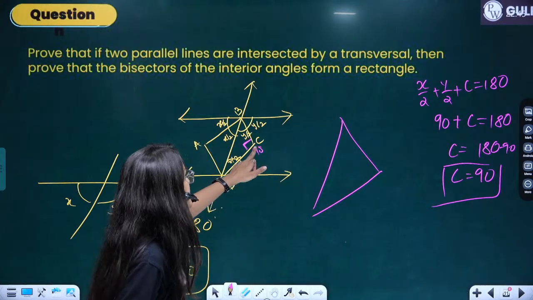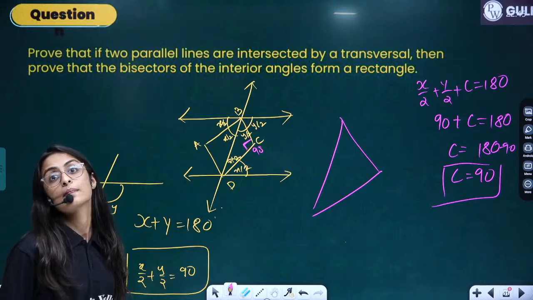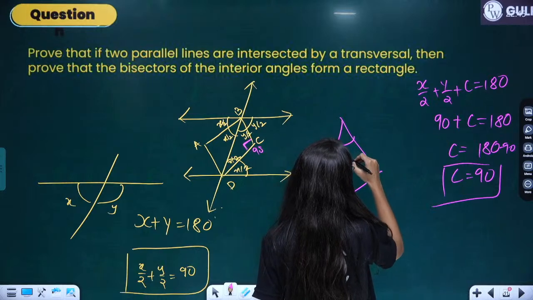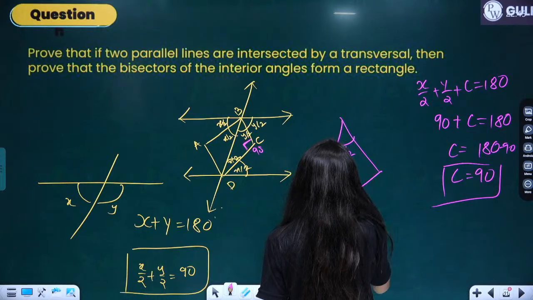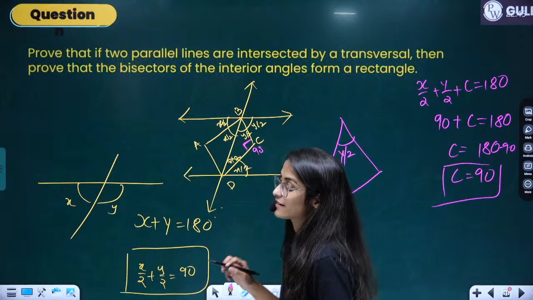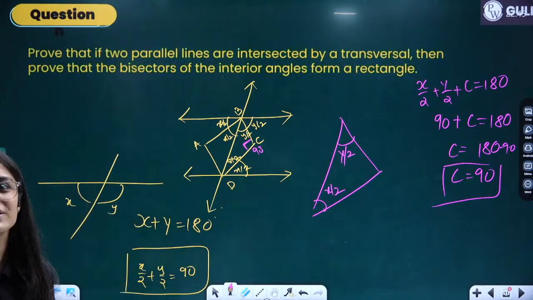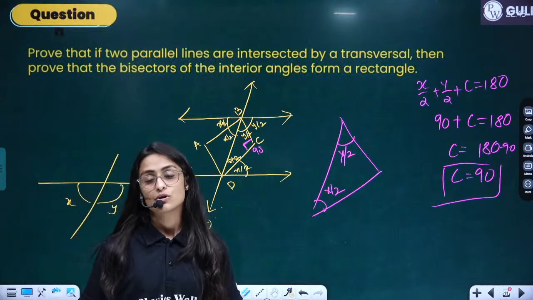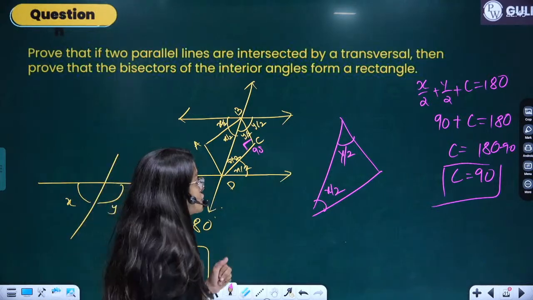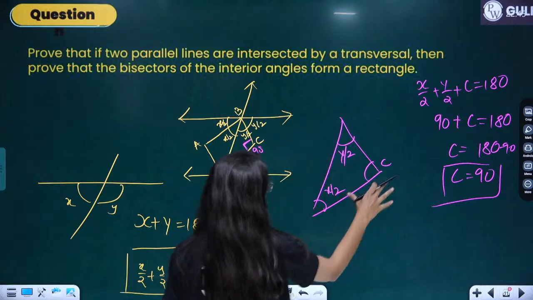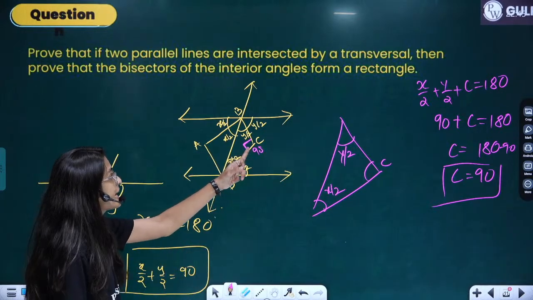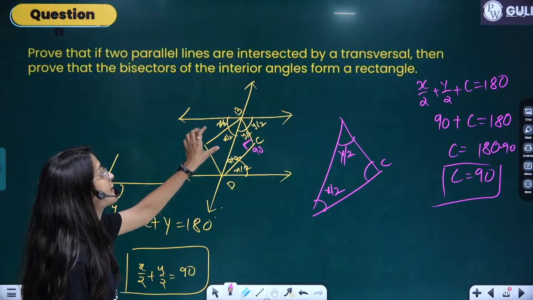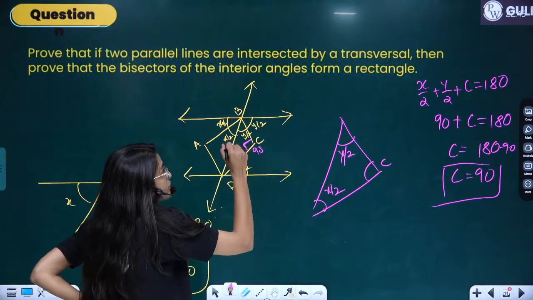And if this angle is equal to 90 degrees, similarly you have to draw the figure with x by 2, y by 2 and C. If this is 90, similarly this one will also be 90. Students, please pay attention.